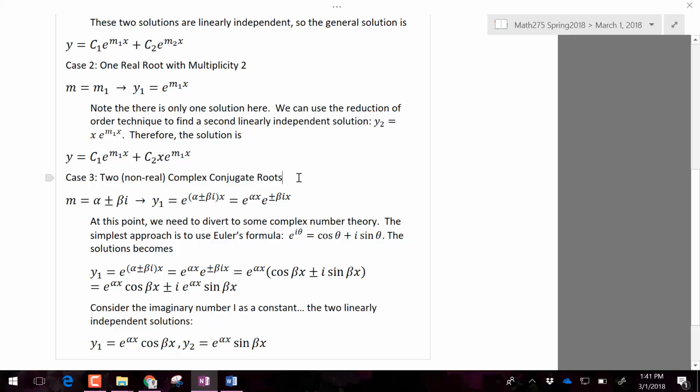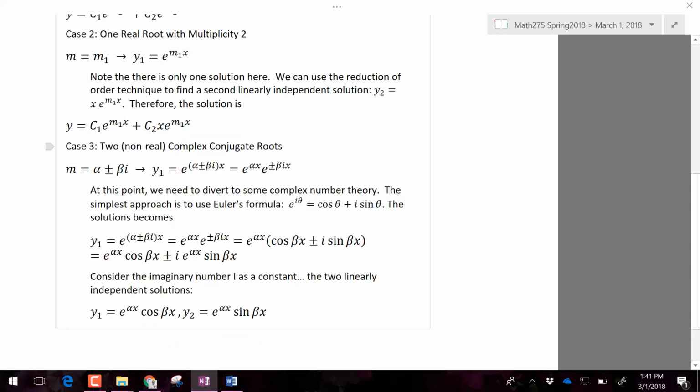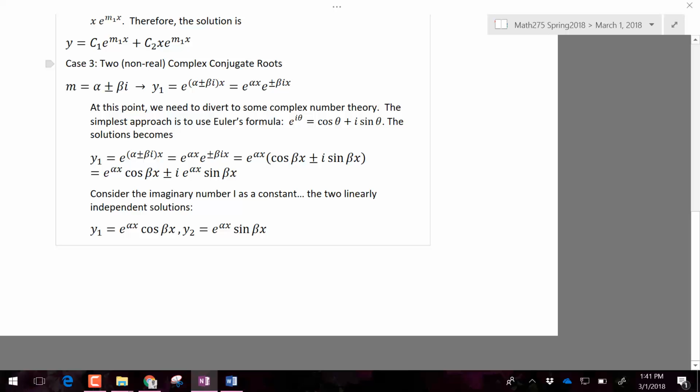And the third case, when you get complex conjugates for your roots, your complex conjugates would be in the form alpha plus or minus beta times i. In our particular case, our alpha was equal to 0, so we didn't have to worry about this. But in cases where alpha does not equal 0, you have a real part in your complex conjugate, then you just have to keep track of where that's going to go.